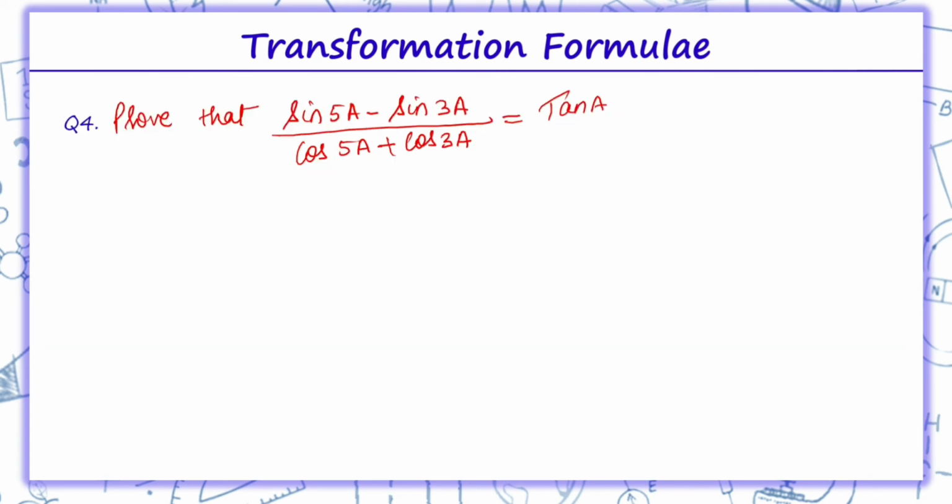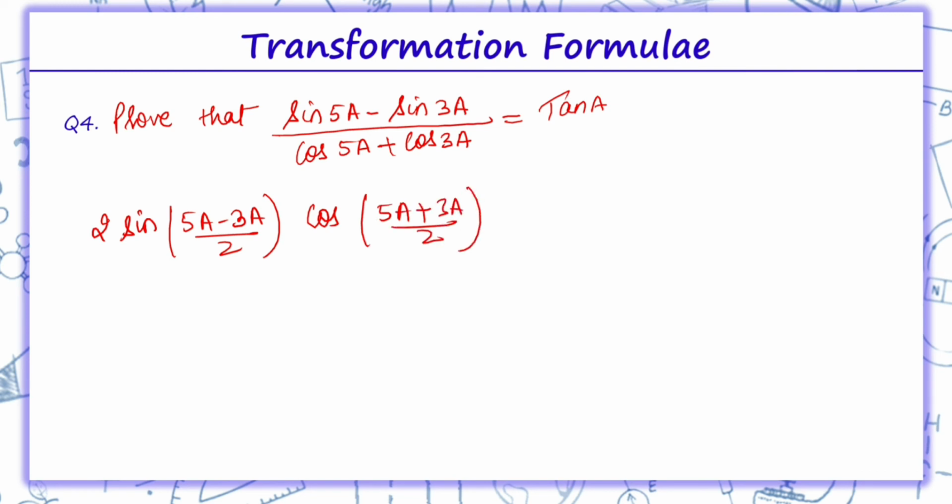So the first question over here is sine 5a minus sine 3a upon cos 5a plus cos 3a equals tan a. So this is sine C minus sine D. Sine C minus sine D will be written as 2 sine C minus D by 2, that is 5a minus 3a by 2 into cos 5a plus 3a by 2.